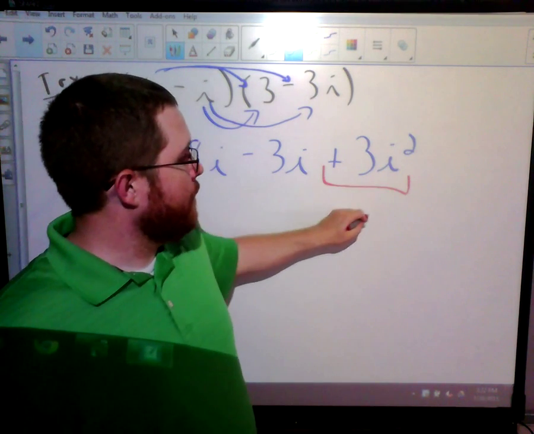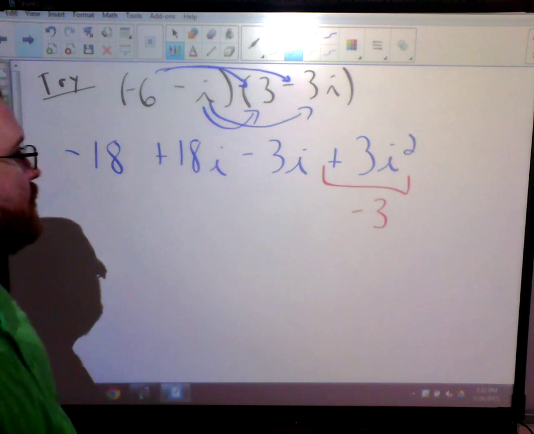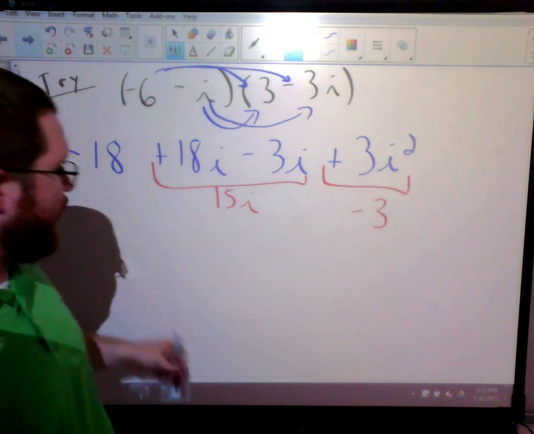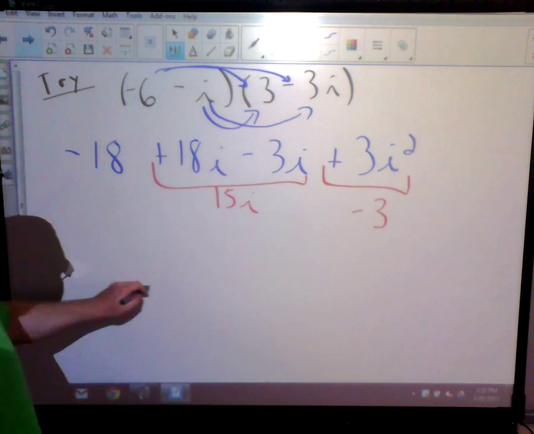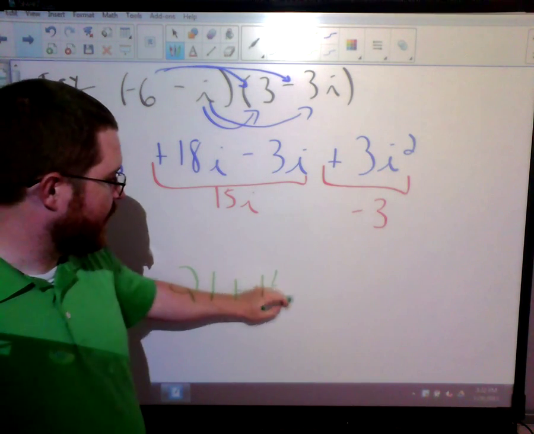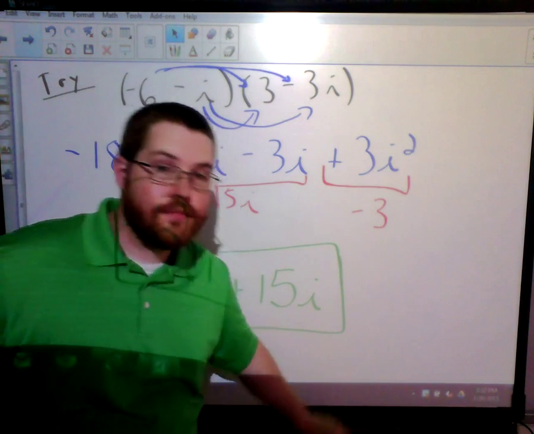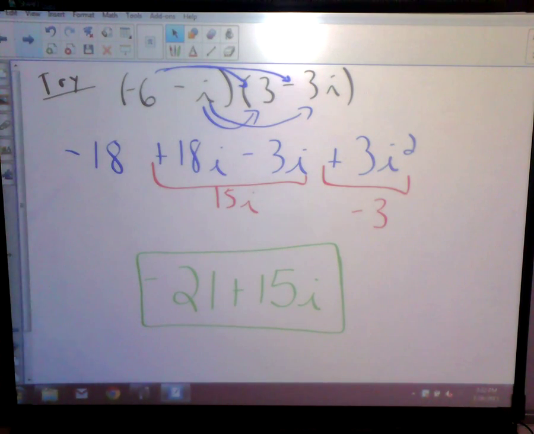This is going to become minus 3 because i squared is negative 1. This is going to become 15i. Now put the last number and the first number together, I get negative 21 plus 15i. Multiplying again, not too bad.